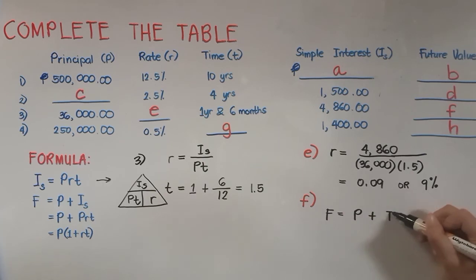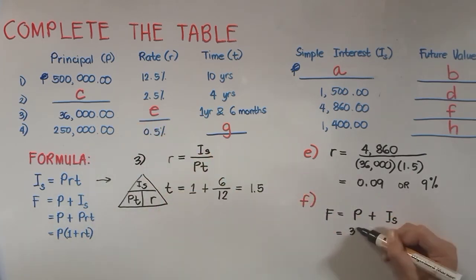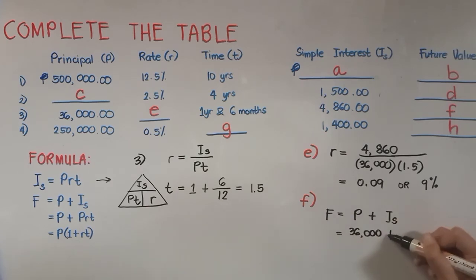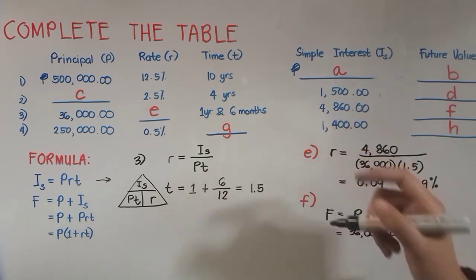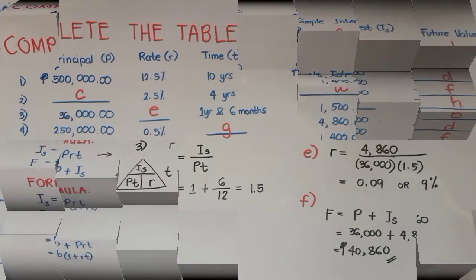F is equal to P plus simple interest. Our P is 36,000 plus our simple interest is 4,860. This will give us a total of 40,860. This is our future value.